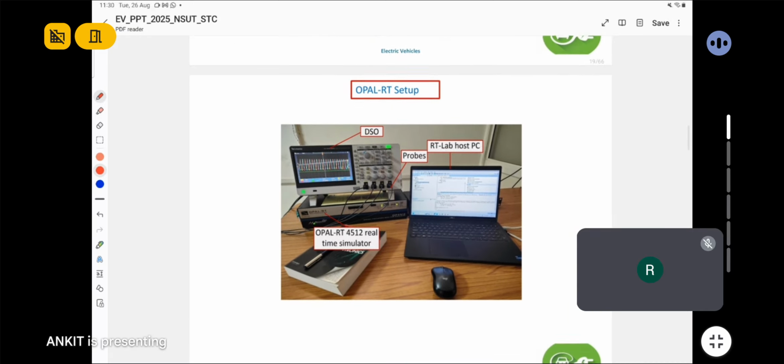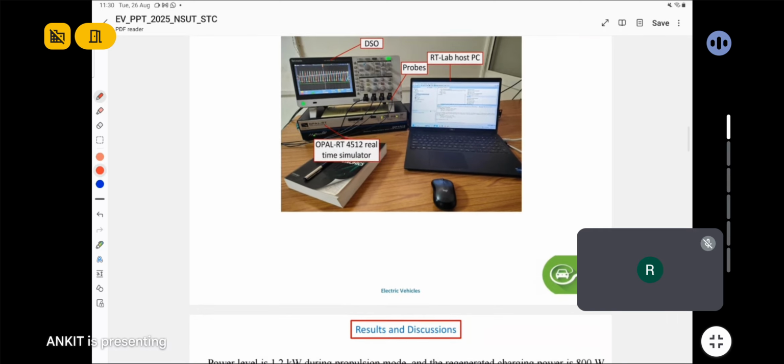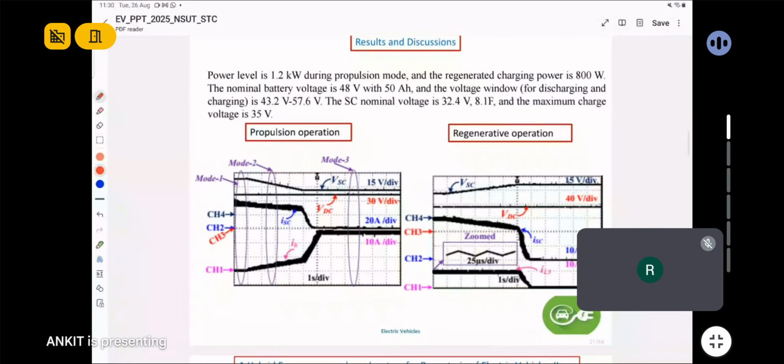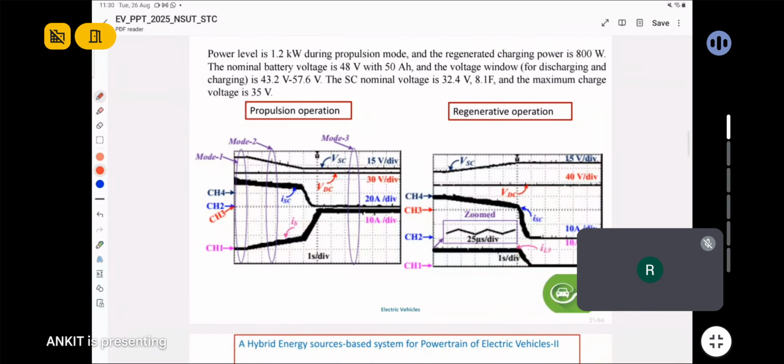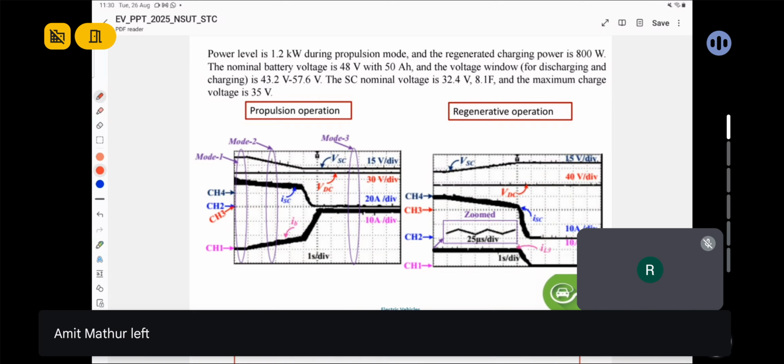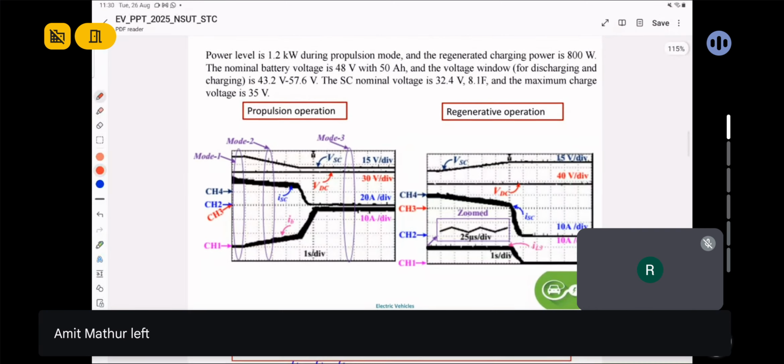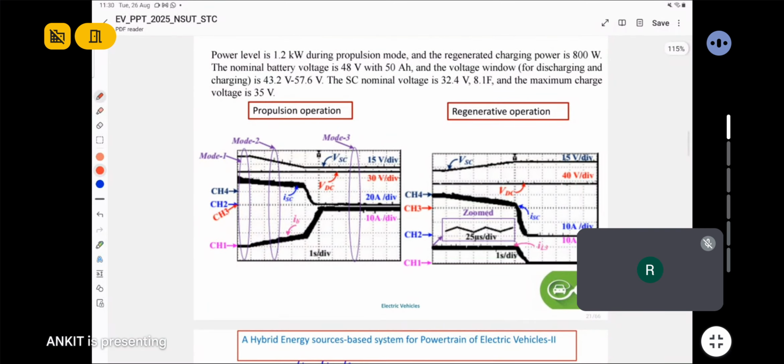This work is implemented through the OPAL-RT 4512 real-time simulator, shown here. From the results we can understand how the complete operation is going on.